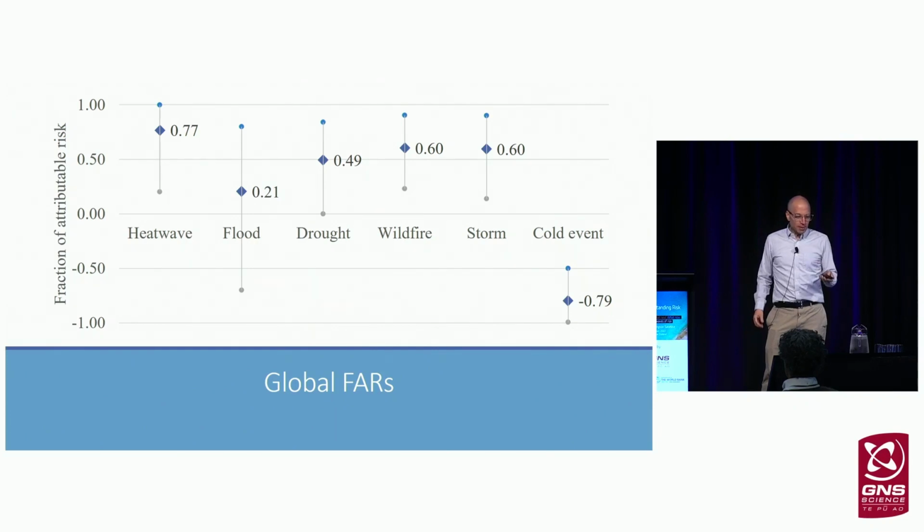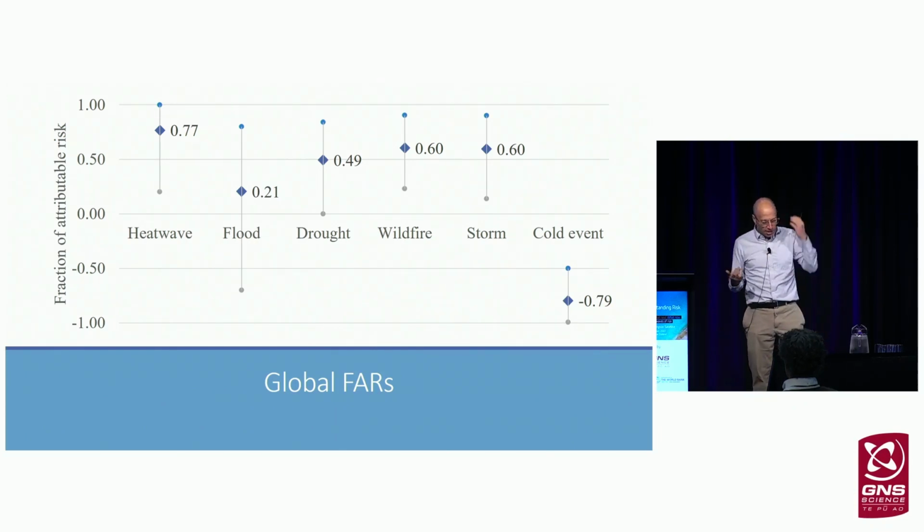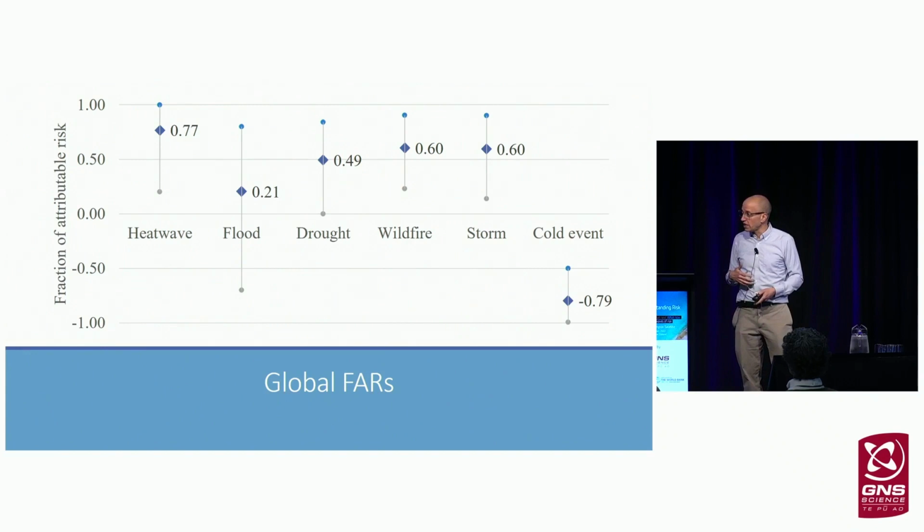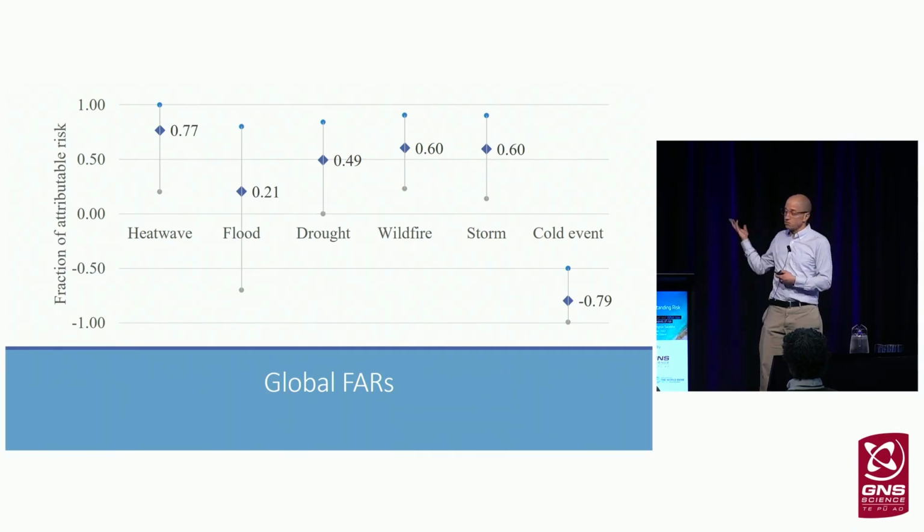So there is variation, right? Droughts are becoming more likely, but by less than heat waves. Floods, there's actually quite a range. In some areas, flooding is becoming less likely. Some types of floods are becoming less likely, some types of floods are becoming more likely. On average, globally, they're 20% more likely.